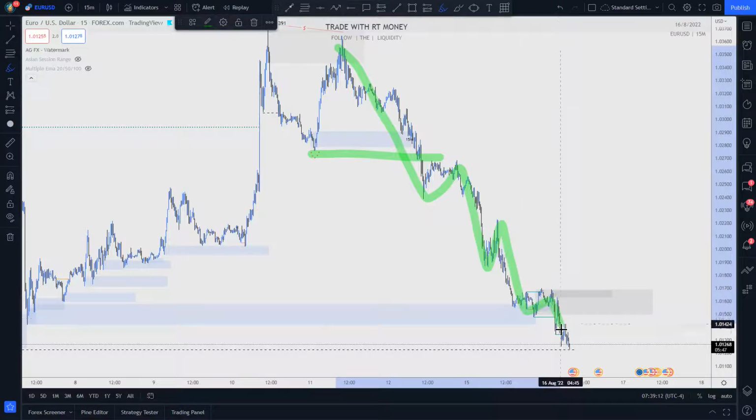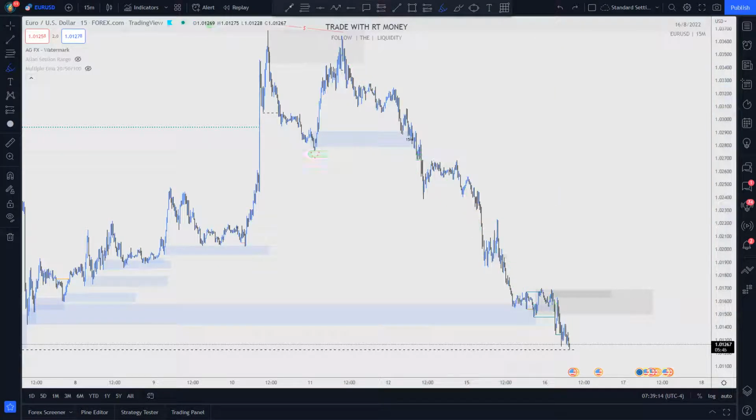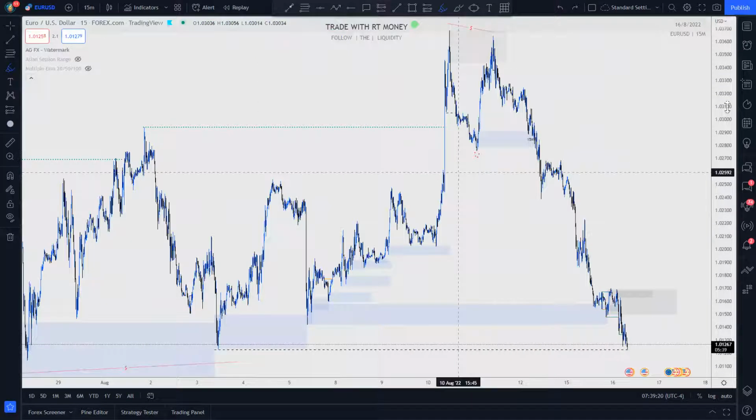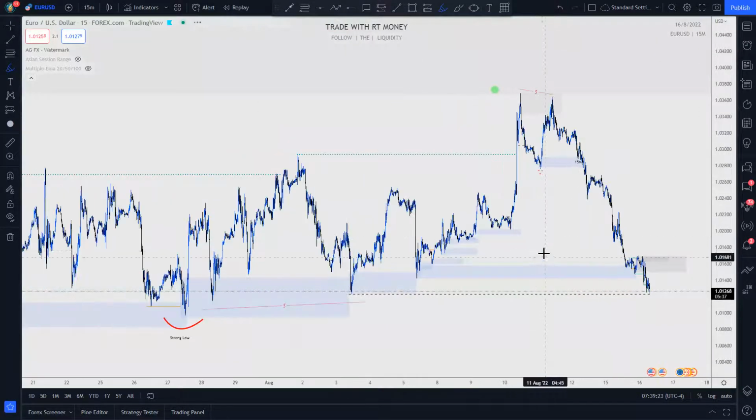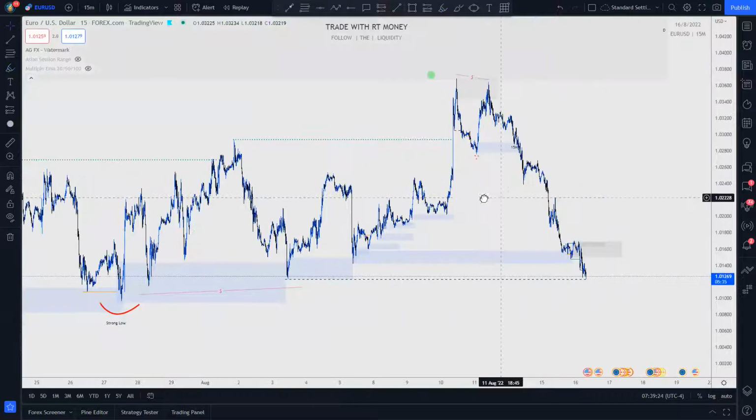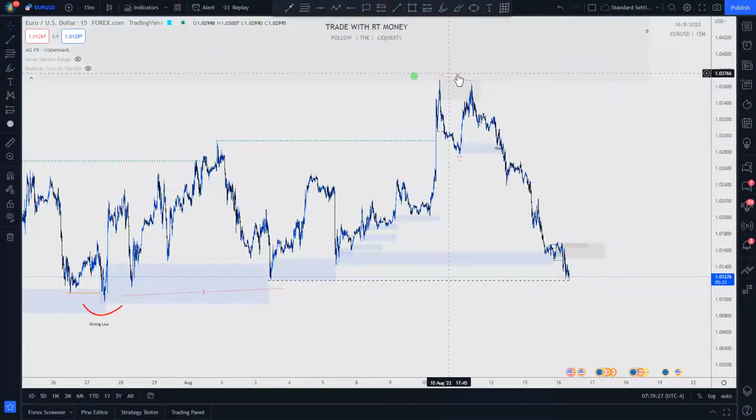But we're just steadily down. A lot of the pullbacks are on the weak side because the bearish momentum is very strong.